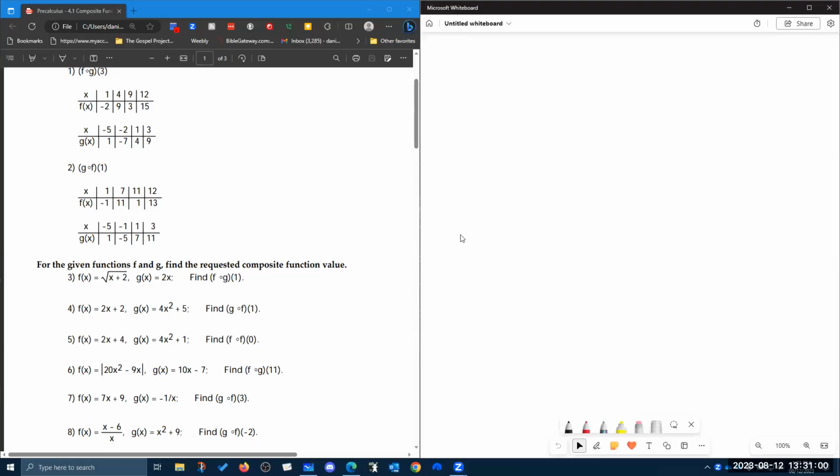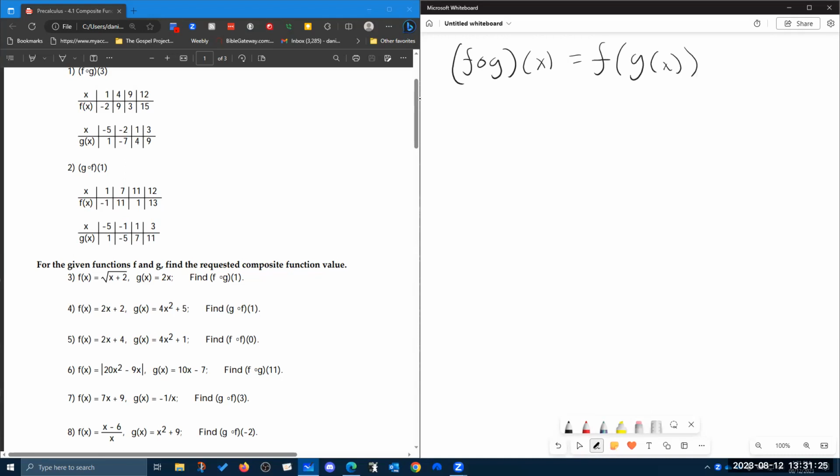In this video, we're going to talk about evaluating composite functions. You need to know the notation of a composite function first: in the notation f of g of x, f, the first function that you see, is the outer function, and g is the inner function.